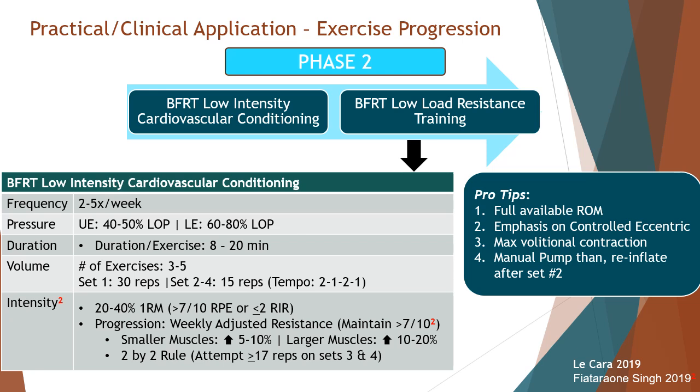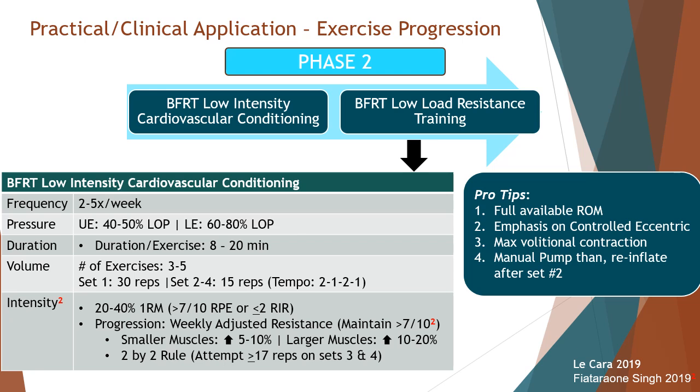Some pro tips for this particular phase and this sub phase is making sure that they're going through full range of motion. Emphasize a control on the eccentric. Oftentimes patients will underload their eccentric and or rapidly go through it. There's actually significant benefits that can be gained by having them authentically be challenged through their eccentric and volitionally trying to contract the muscle.